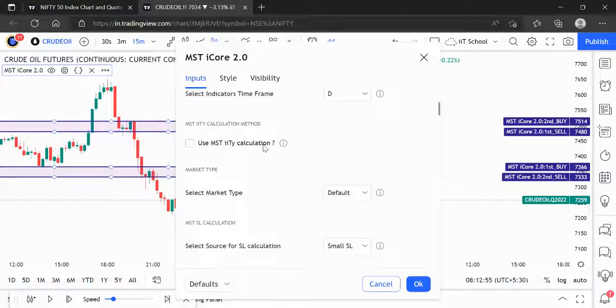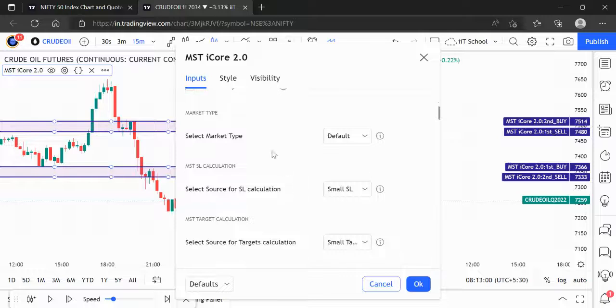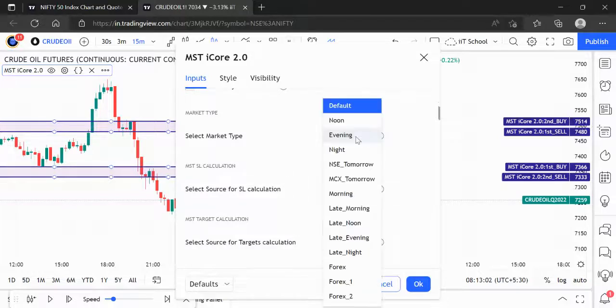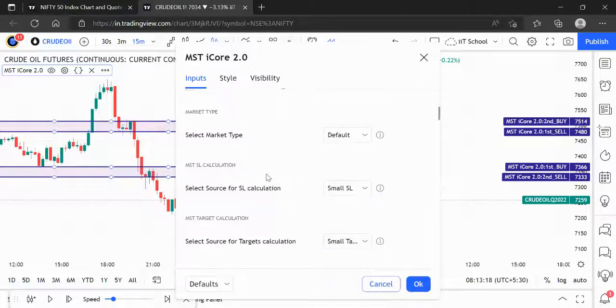You can use different calculation methods for getting the buy and sell entry lines. Then you can use it at different timings, at lunchtime, evening, night. You can trade in advance. Suppose today you are going to trade. Yesterday itself you can decide at what price I'm going to buy, at what price I'm going to sell. So all these are possible.